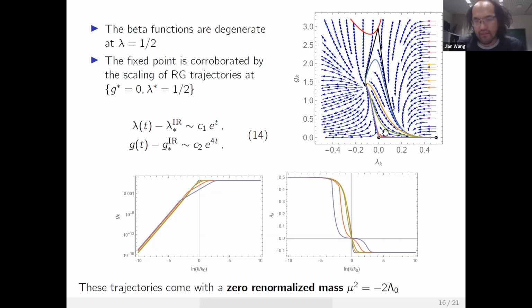So in this picture, we pick, I think, 5 RG flows, labeled by different colors. We do the numerical analysis for those RG flows, and the behavior of the couplings along those RG flows is given by those two figures. We can see that the cosmological constant approaches the infrared fixed point in infinite RG time.